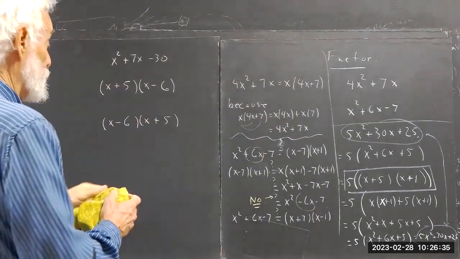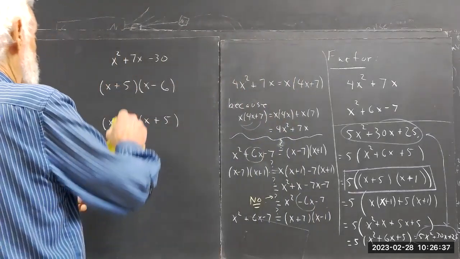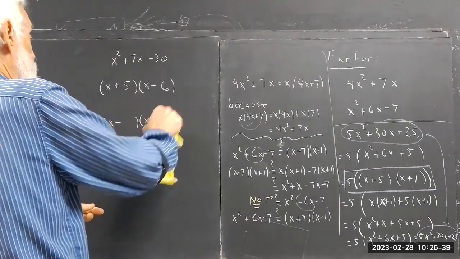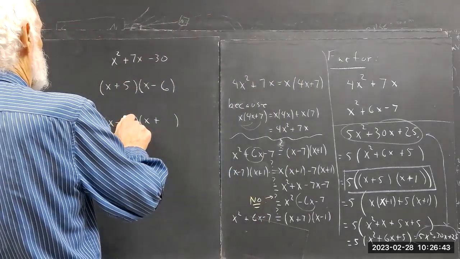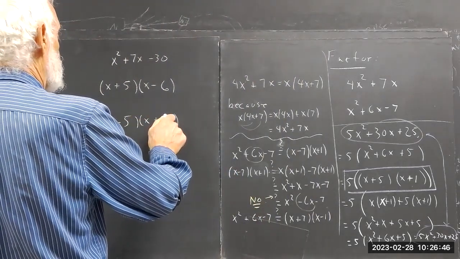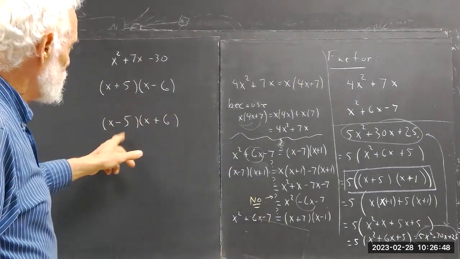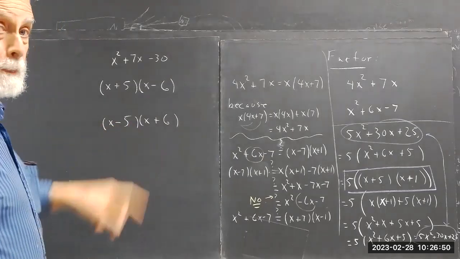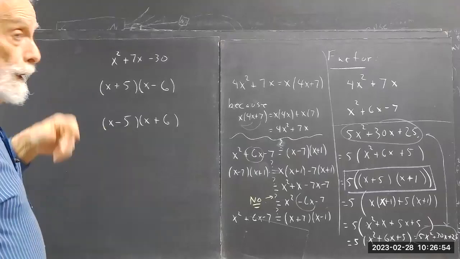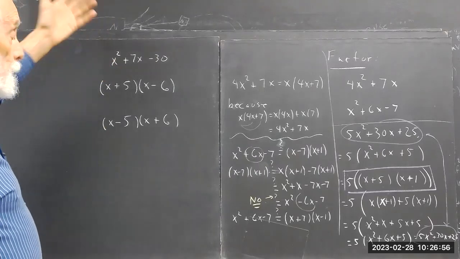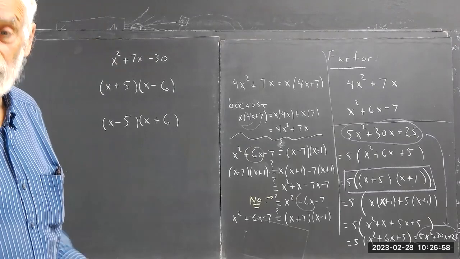This is the same as this, isn't it? Okay. X minus 5 times x plus 6. I'm using the 5 and the 6 in the same order, just switching the minus and the plus. That's two possibilities.